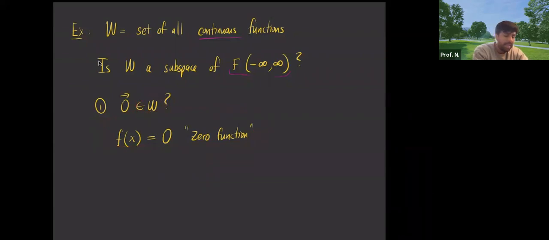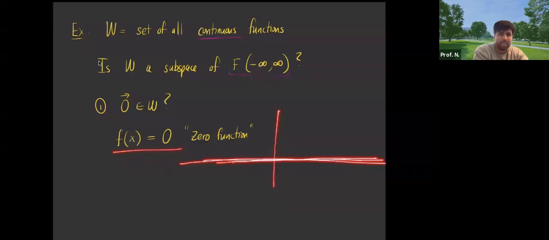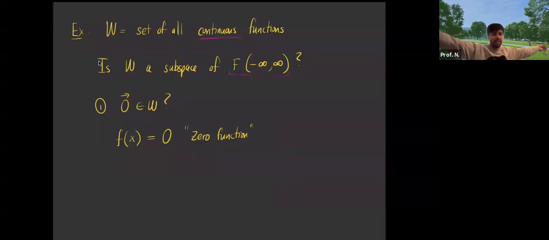In other words, is the 0 function continuous? And you have to remember, what does it mean to be continuous? Well, if you graph this, what does the graph look like? Isn't it just the x-axis? It's the constant function 0. So isn't a constant function, just a straight line from negative infinity to infinity, always continuous?